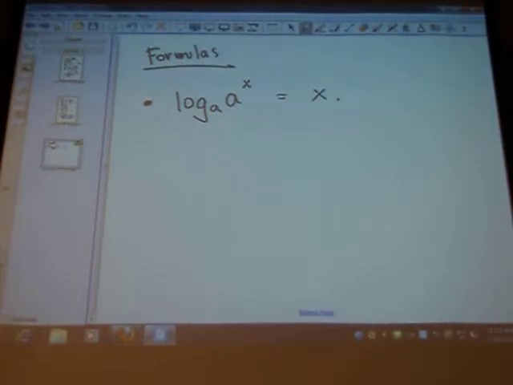Because we know log base a of a is equal to 1, those kind of cancel each other out and leave you with just the x. You've got to think: a to what power is equal to a to the x power? They already told me my power was x, so that has to be my answer.